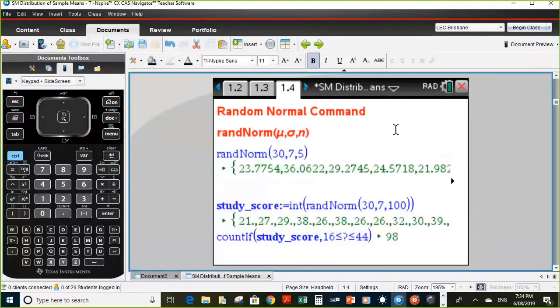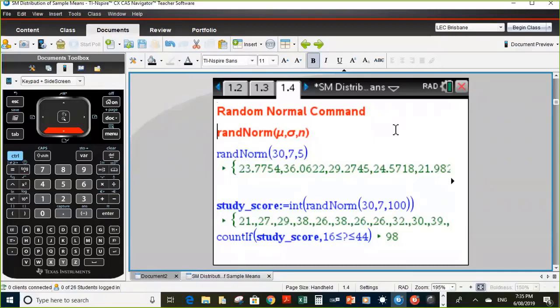So the cornerstone command, for Frank's sample proportions, was the random binomial command. And when we're talking about the distribution of sample means, the random normal command is the one that we use. And again, this is a notes page. The syntax is randNorm(mu, sigma, n), where mu is the population mean, sigma is the population standard deviation, and n is the sample size.